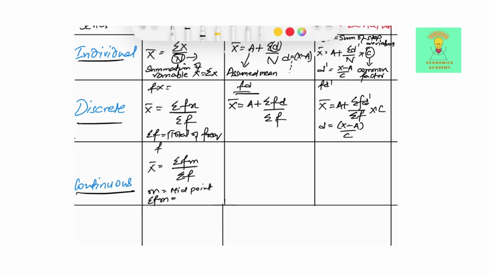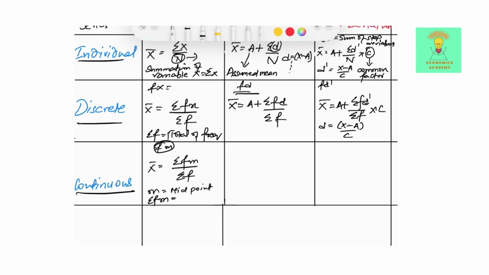So fm is the product of frequency and midpoints. Then summation fm is the addition of all the products of frequency and midpoint.